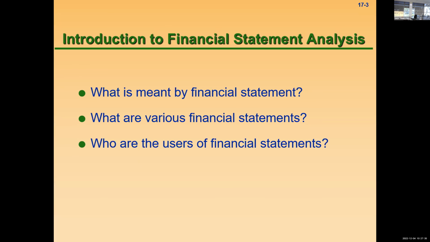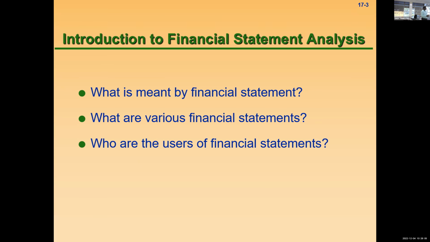Remember, after preparing the trial balance, what is the basic objective of accounting? To know the financial position, which is achieved by preparing one of the financial statements called the balance sheet. Another objective of financial accounting is to know the financial performance, profit or loss.